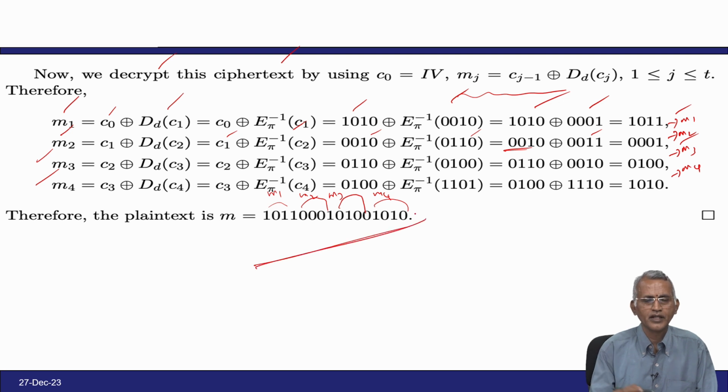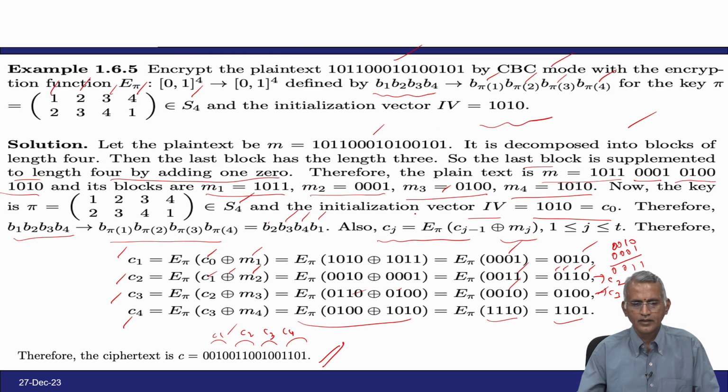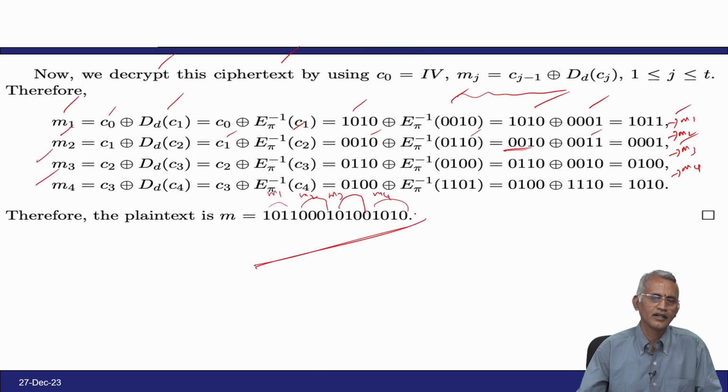So we can bring the plain text like this. This is the way we can do the decrypt and encrypt of this CBC mode. CBC mode is a technique using the permutation and initializing the vector.